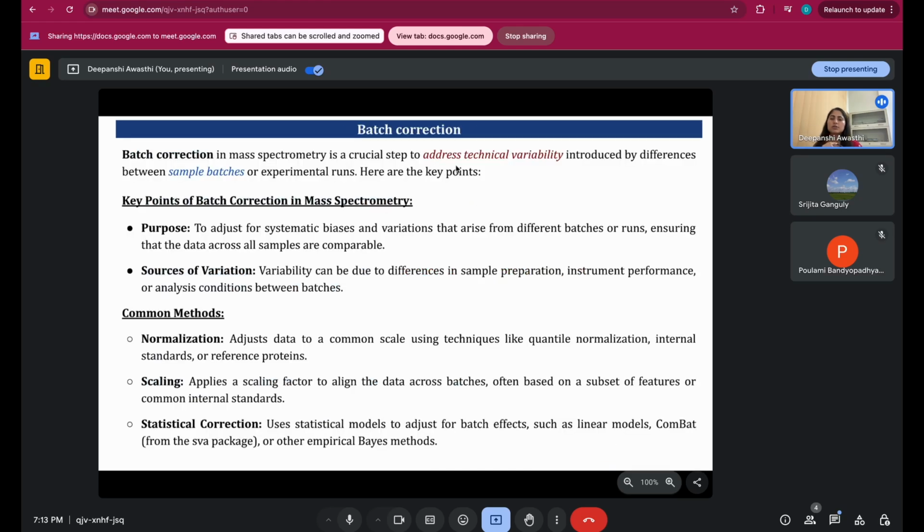Now let's talk about batch correction. It is a very important step. Batch errors can arise due to technical variability introduced by differences between sample batches and experimental runs. For example, when performing experiments on normal and disease samples, it is advised to perform them randomly.